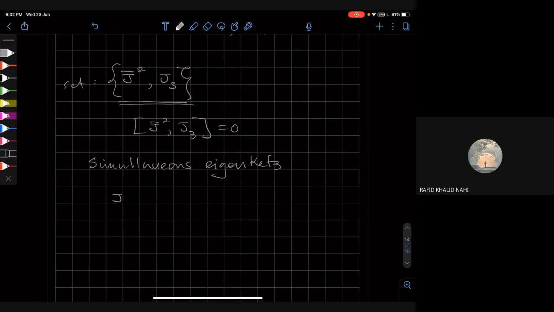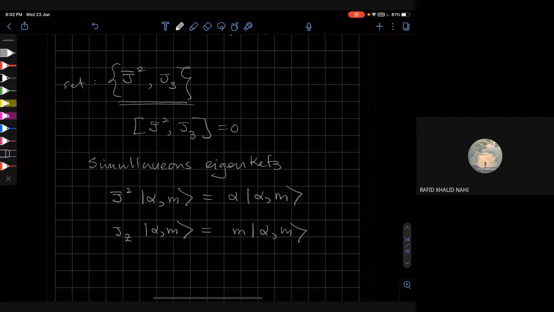So J squared acting on a state |alpha, m> gives me the eigenvalue alpha. So alpha is the eigenvalue of J squared, and we want to find out what alpha is. And we want to find out the Jz eigenvalue, which is m. So we want to find out alpha and m. This is our problem, and this is basically all we have to find.